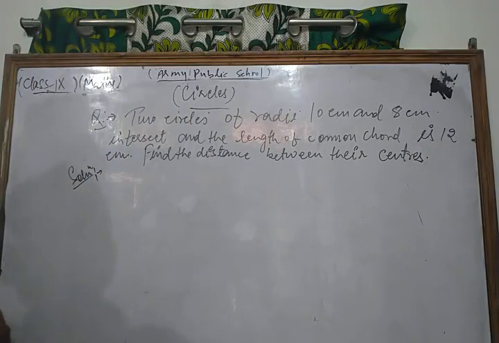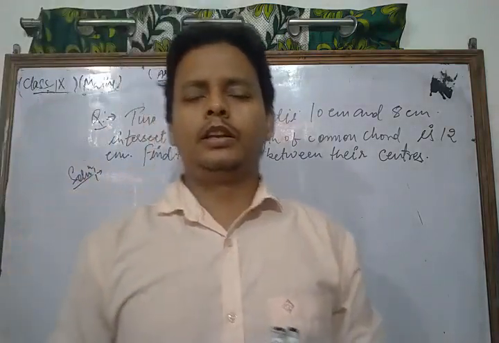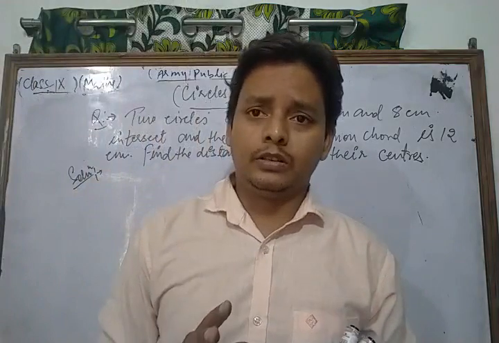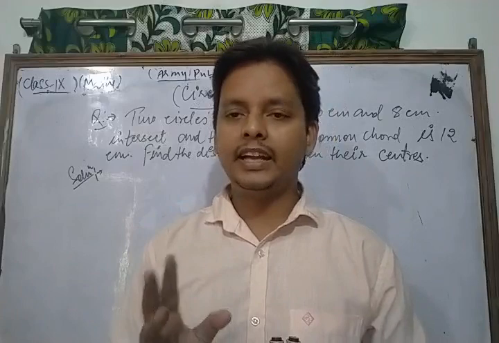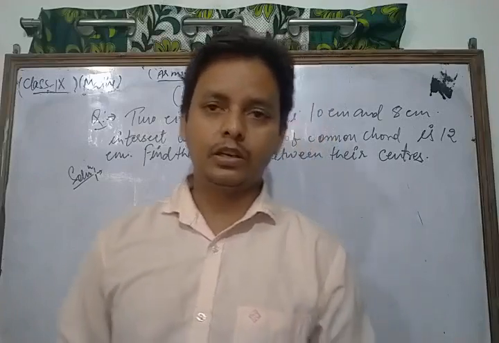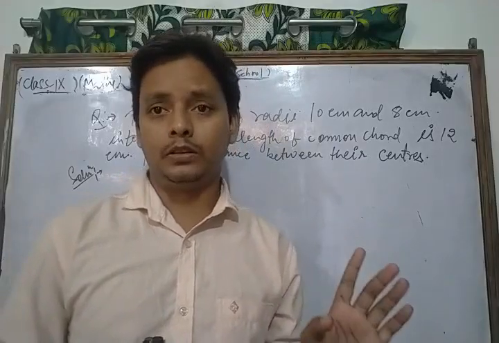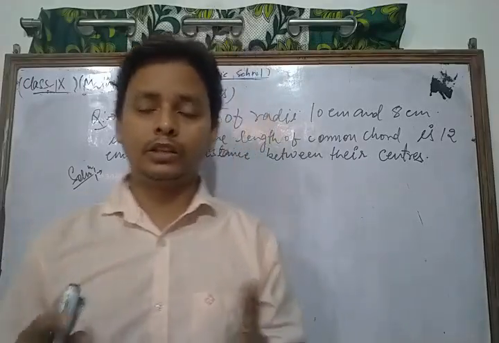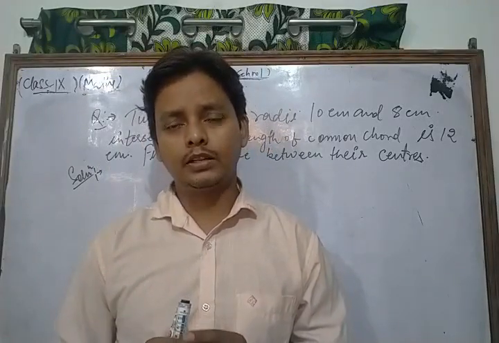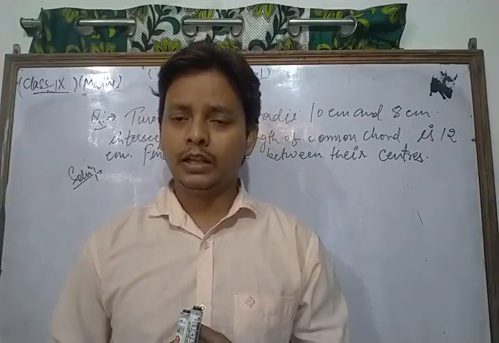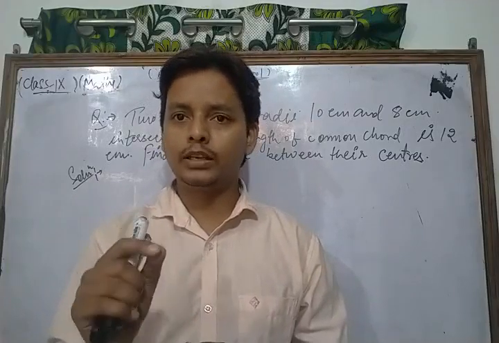Now look, dear friends, this is a very important question related to your chapter circles, and in the previous class we already discussed the theorem related to this topic: if two circles intersect each other, then the line joining their centers is the perpendicular bisector of the common chord.